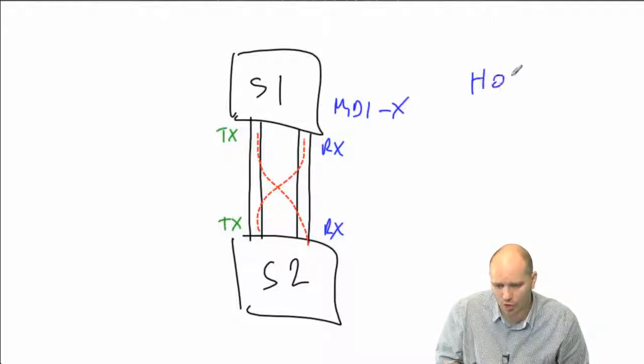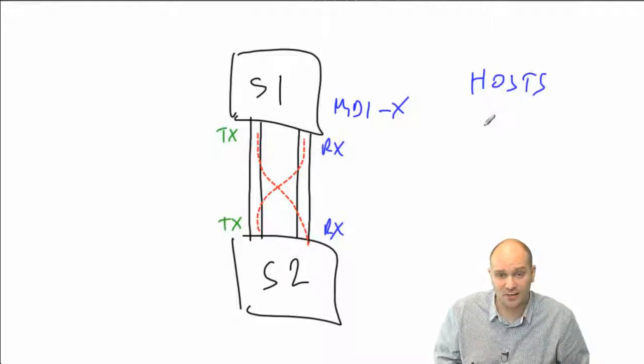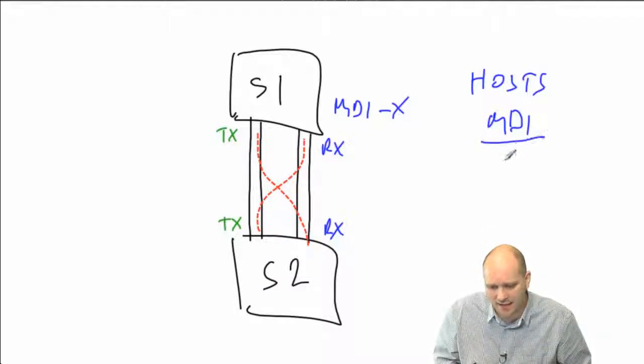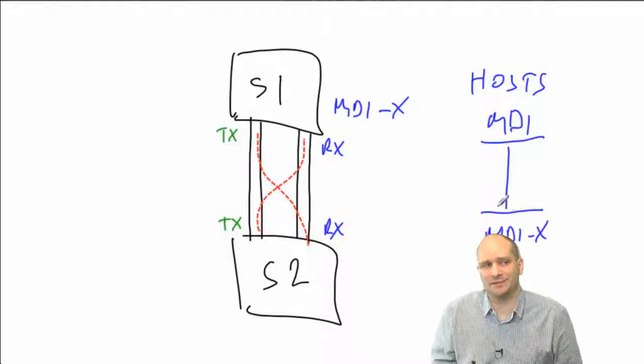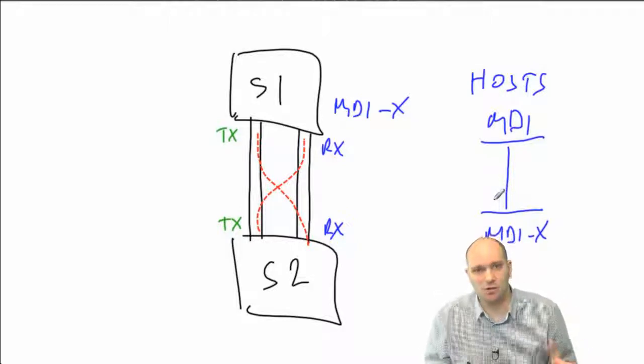Hosts, on the other hand, like routers or your PCs or whatever devices we have, operate in MDI mode. MDI is designed to connect to MDI-X. Now, using crossover cables doesn't always work, because for gigabit speeds, not a good thing.